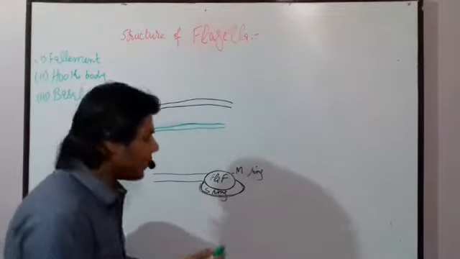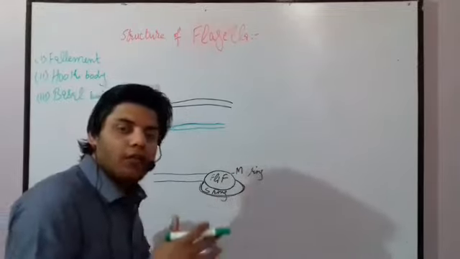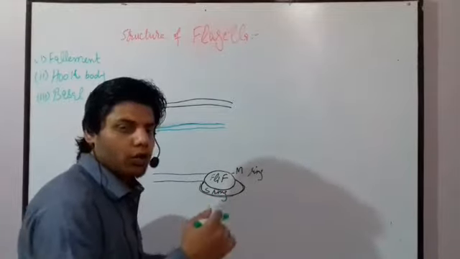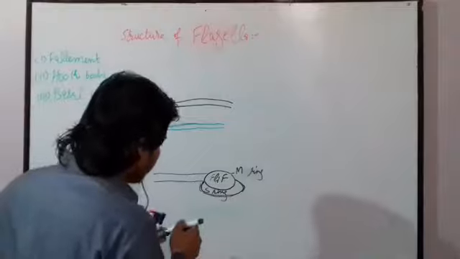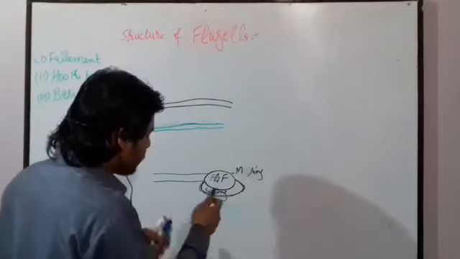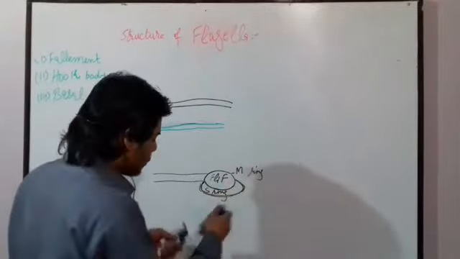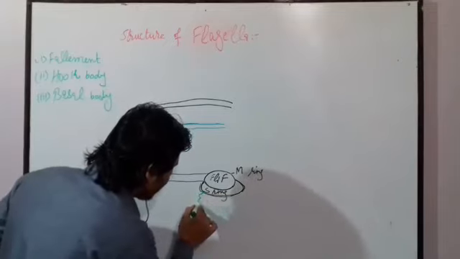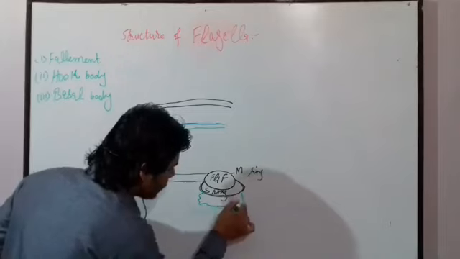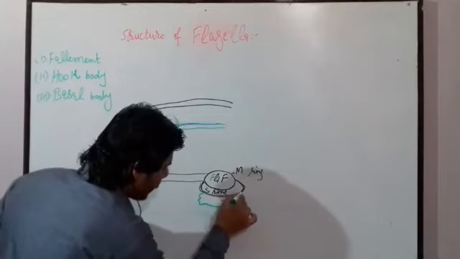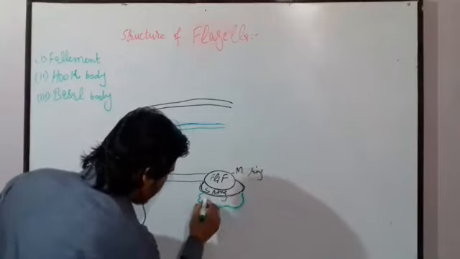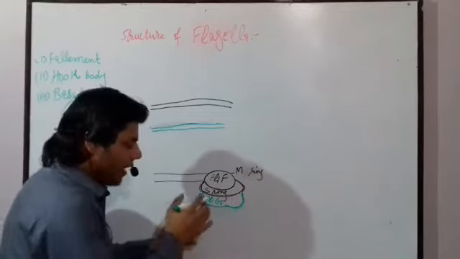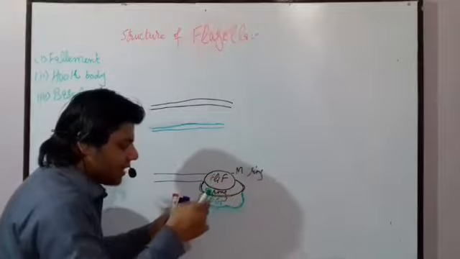After that we have other proteins, FliM and FliN, which make the rest of the rotor portion. Then we have another protein, FliG. FliG proteins are present below the S ring. Now the FliG protein will be present below this S ring.